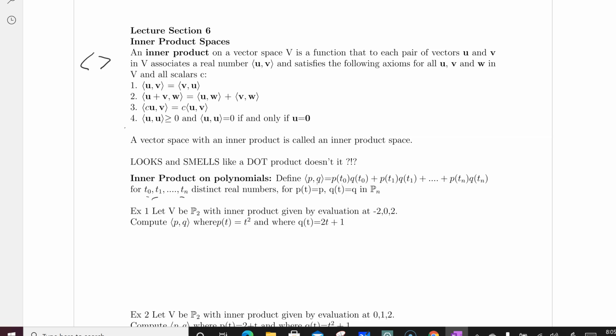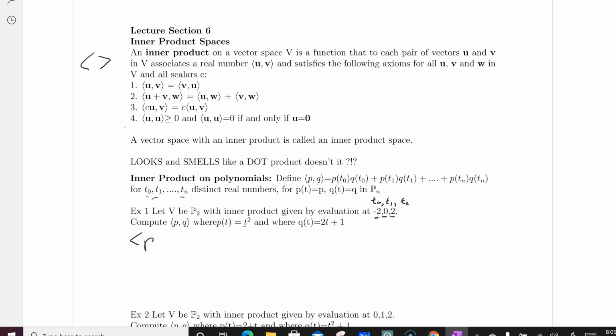I'm going to go all the way down the line. So this one here has T naught, T1, T2, three T values. Here my polynomial is T squared for P, and Q is 2T.